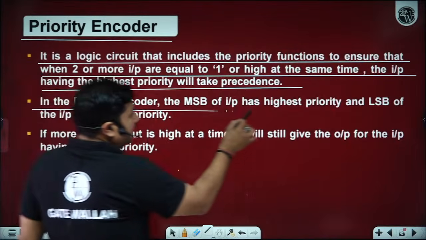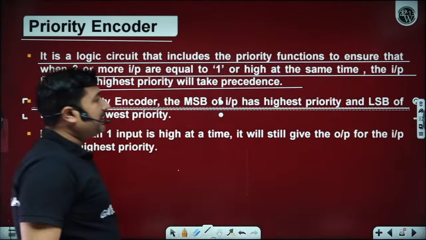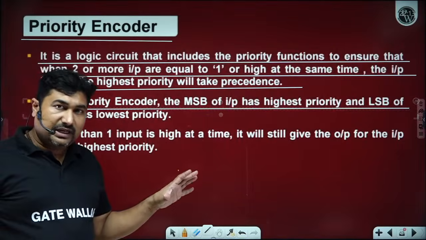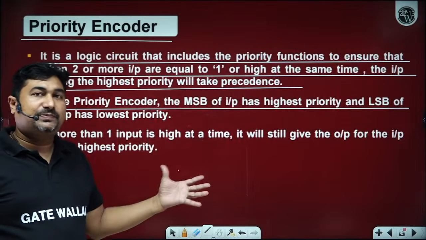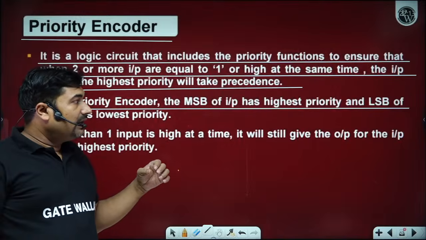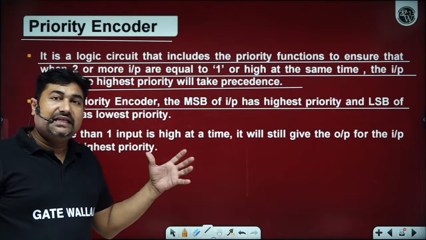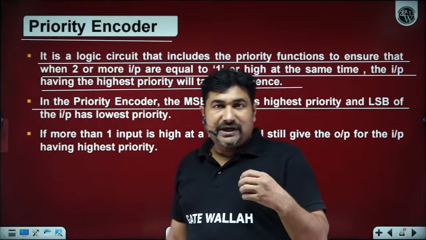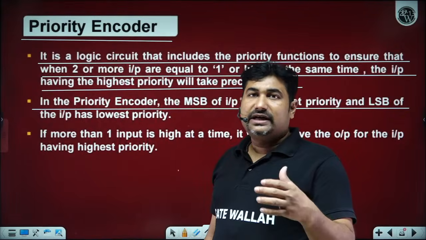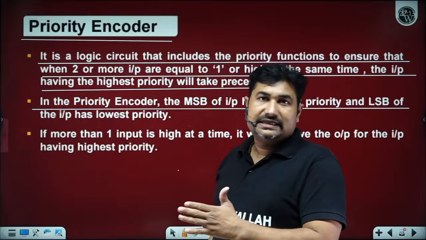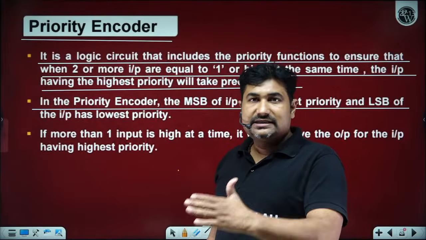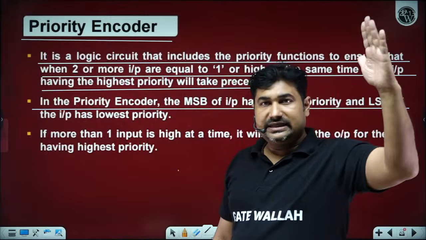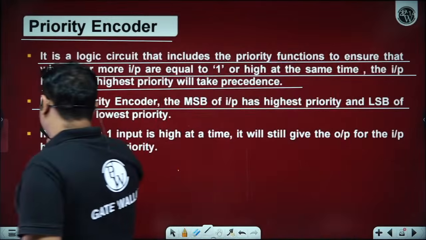In the normal priority encoder, the MSB will have the highest priority and the LSB will have the least priority. Is it okay? Yes, sir. So as per the bit position, the priority is changing. With the increase in bit position, priority increases; with the decrease in bit position, priority decreases.